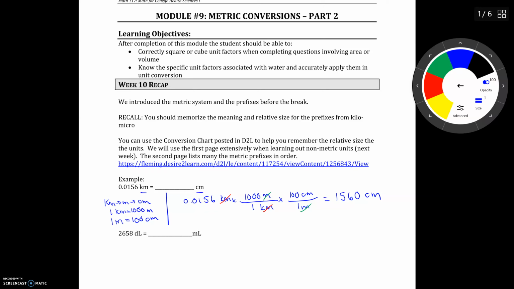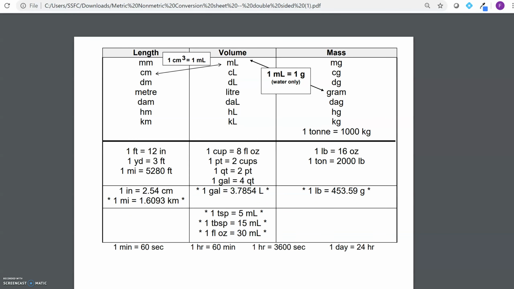So before the break, we talked about memorizing all the standard prefixes between kilo and micro. You will notice up on our D2L shell that there is a sheet of conversion factors posted. And this sheet of conversion factors is going to come in really handy in our next unit.